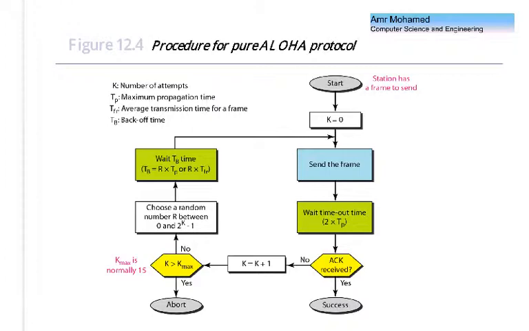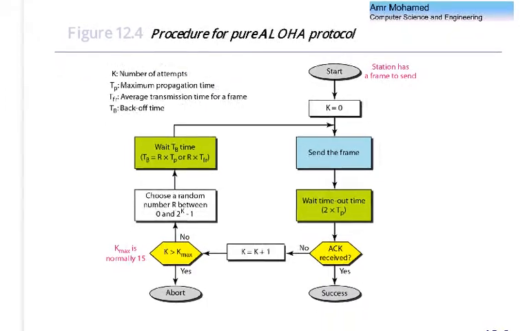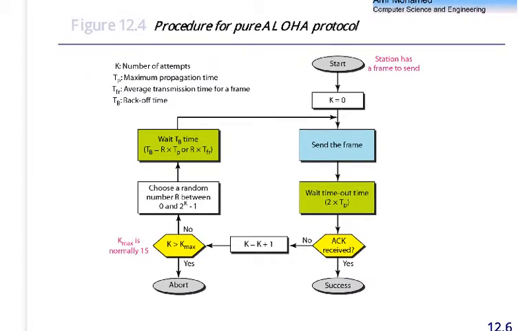So as a quick review of the last lecture, we started talking about the pure Aloha protocol. As we discussed, we start the transmission of one single frame by setting the k value to 0, and then we send the frame and wait for the acknowledgement, which indicates whether or not we have a collision.